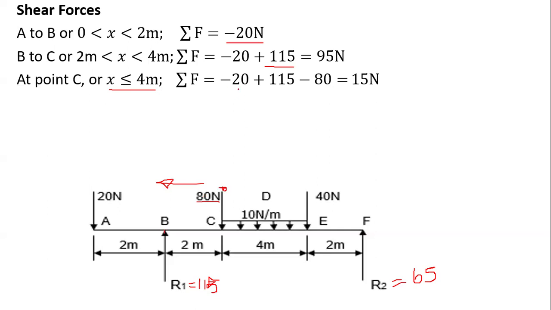So when you enter this in your calculator, you get 15 newtons, because after all, these negatives give you 100, so 115 minus 100. So 15 newtons.